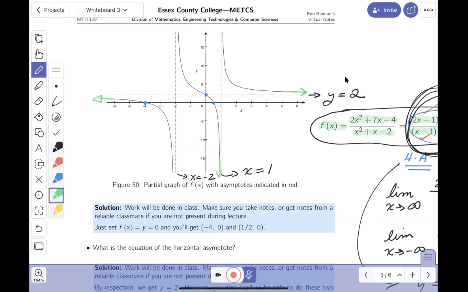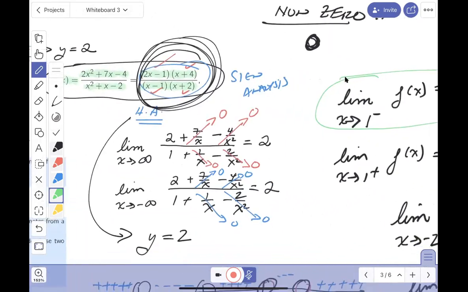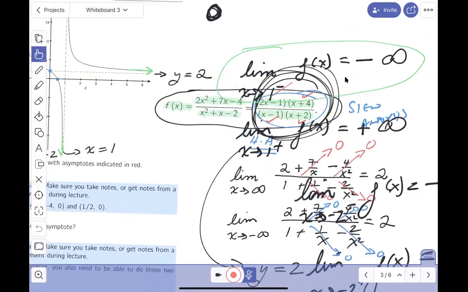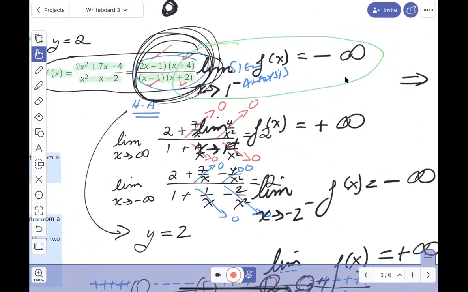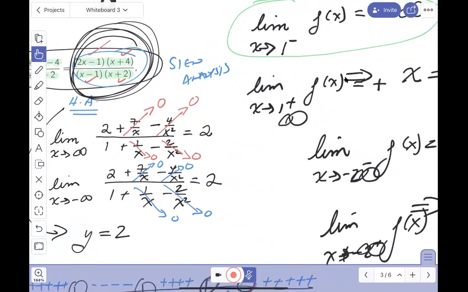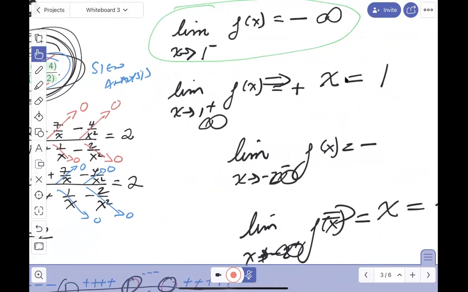All right, go back. If you approach 1 from the right, it will go to +infinity. Let me see if that's true. Oh boy, I'm messing up. I really apologize for that. I've got to clean that up a little bit.